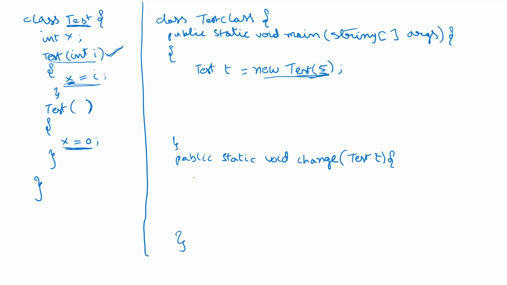And in this method, what I am doing is I am creating an object t is equal to new Test, and I will try to change the value of x to 10. And now I will call this change method from this main method. So it is change, and I will pass this object, and here I will try to print the value of x.